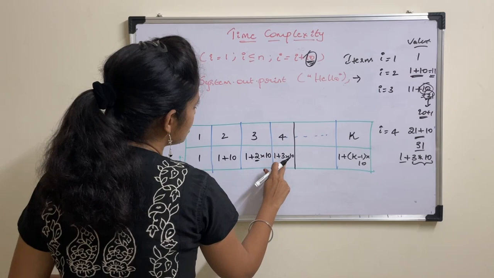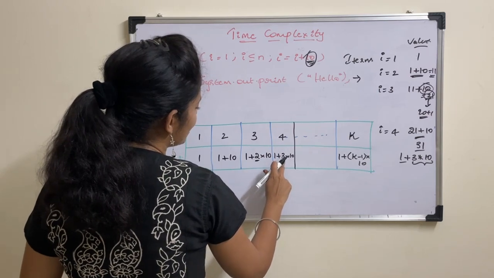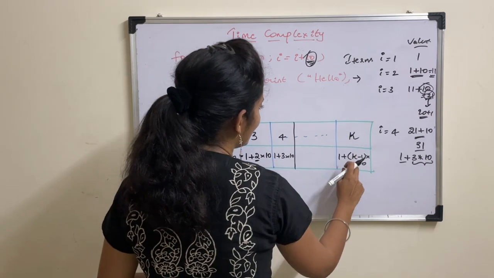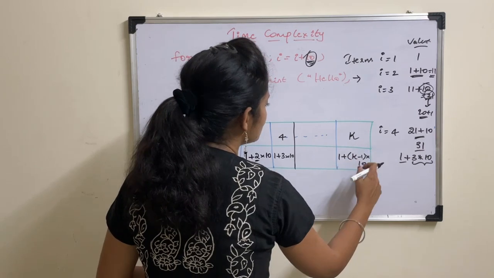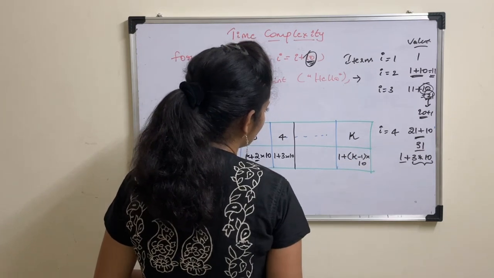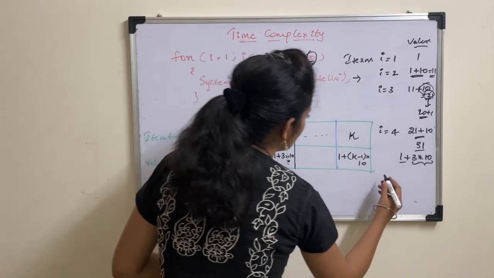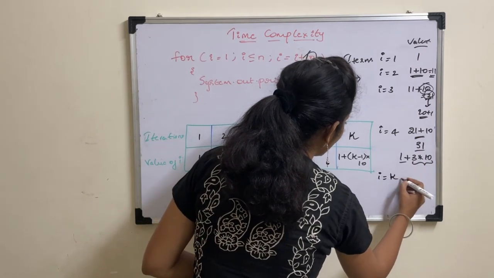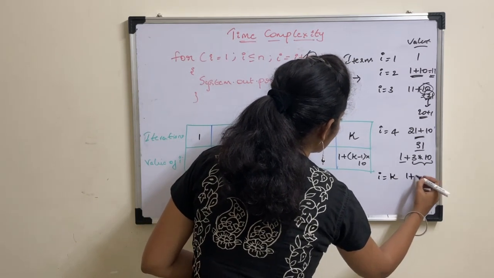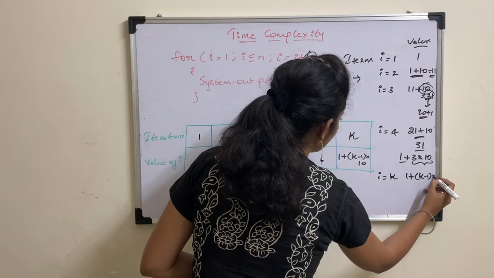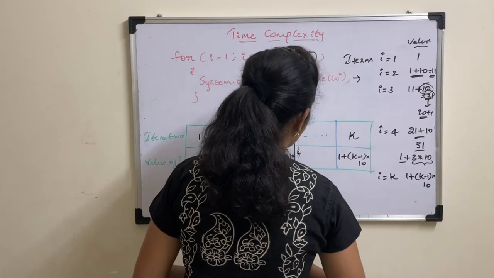During fourth iteration, we represented that as 3 into 10. So during kth iteration, we can write it as k minus 1 into 10. So during I equal to k, it is 1 plus k minus 1 into 10.